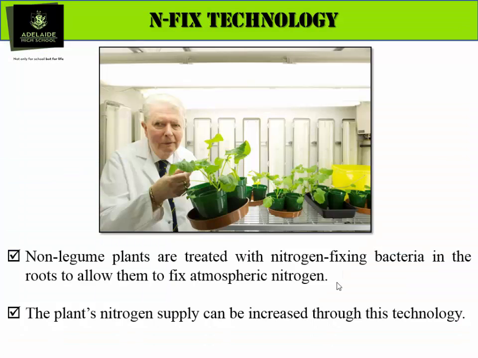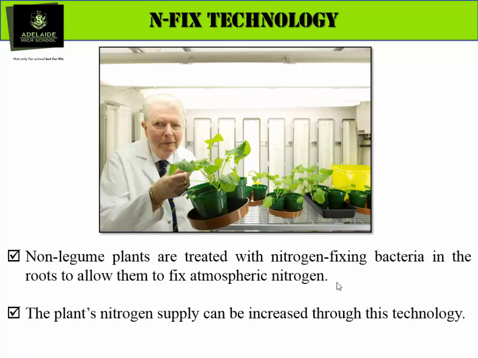Now, this is actually one of the latest technologies that has been done 2 years back in June 2013. This professor here from the University of Nottingham had actually done a research by inserting those nitrogen fixing bacteria. Have you guys heard about those nitrogen fixing bacteria that we spoke about yesterday?